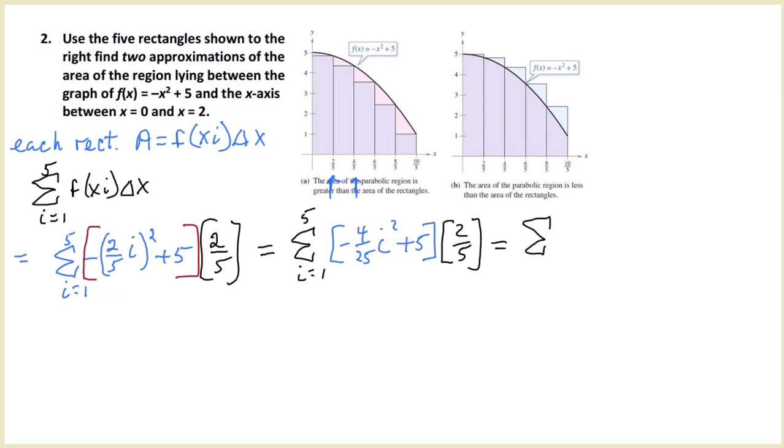So I'm multiplying the 2 numerator times the 4 numerator and the 5 denominator times the 25, keeping the negative sign. And if I multiply 5 times 2/5, I just get 2. So this is getting simpler.